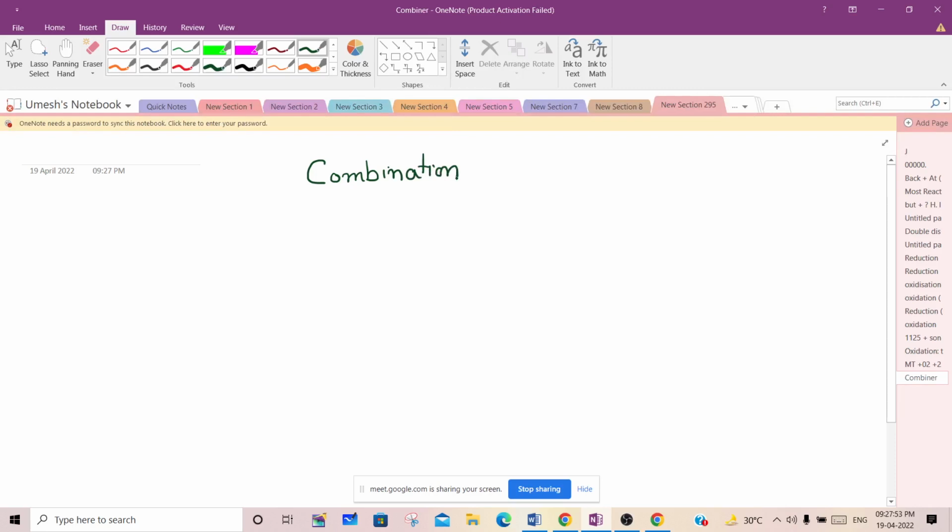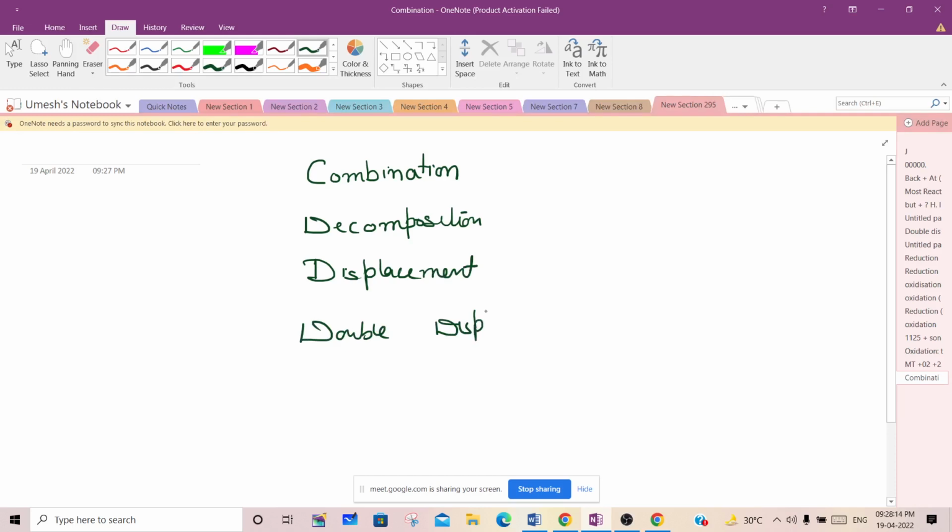Yes, sir. Decomposition reaction. We had done the displacement reaction. We had done the double displacement reaction. Single displacement reaction. And today we have done oxidation and reduction reactions.